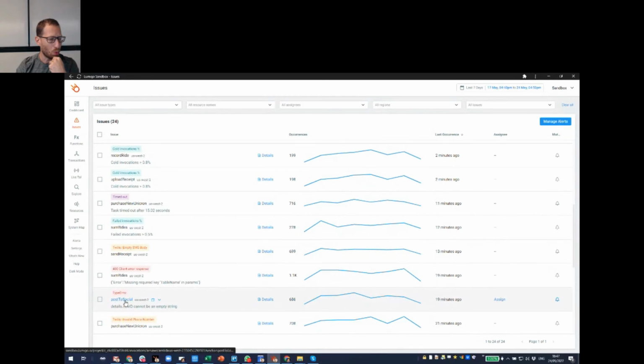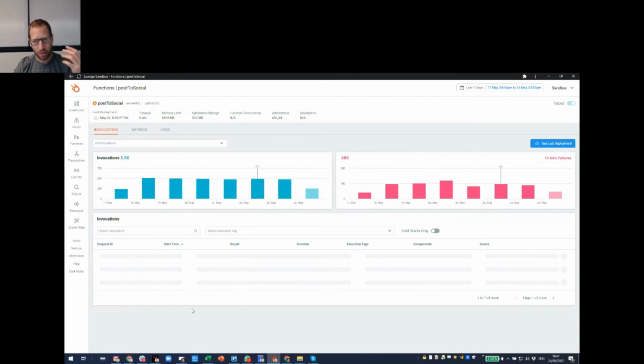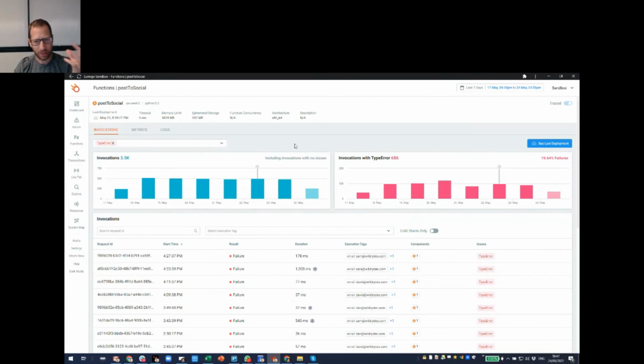And now when I want to drill down, this is where I mentioned moving from monitoring to debugging. So this is what happened. We saw a rise in the number of issues. And now when we want to understand what happened and find the root cause, we can actually see one by one each invocation of this Lambda that failed.